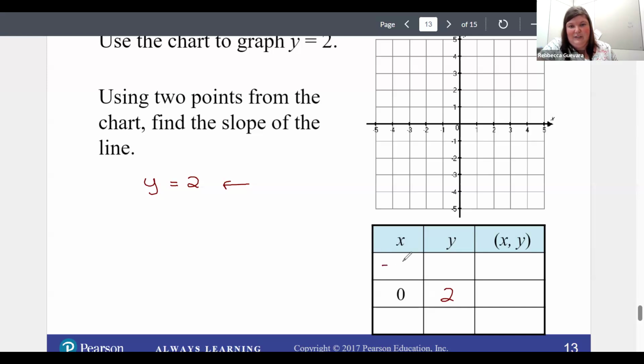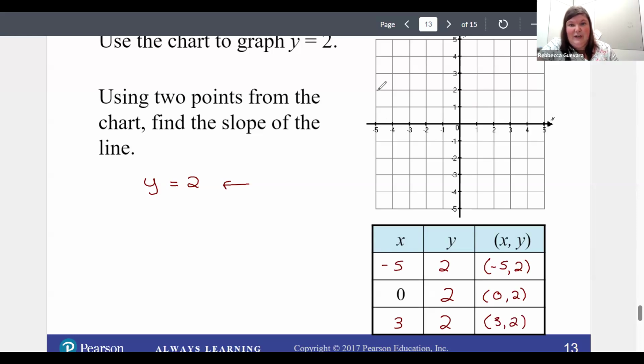If x is -5, the only choice I have for y is 2. If x is, say, 3, the only choice I have for y, once again, is 2. What you're going to notice here is no matter what my x is, y always has to stay 2.